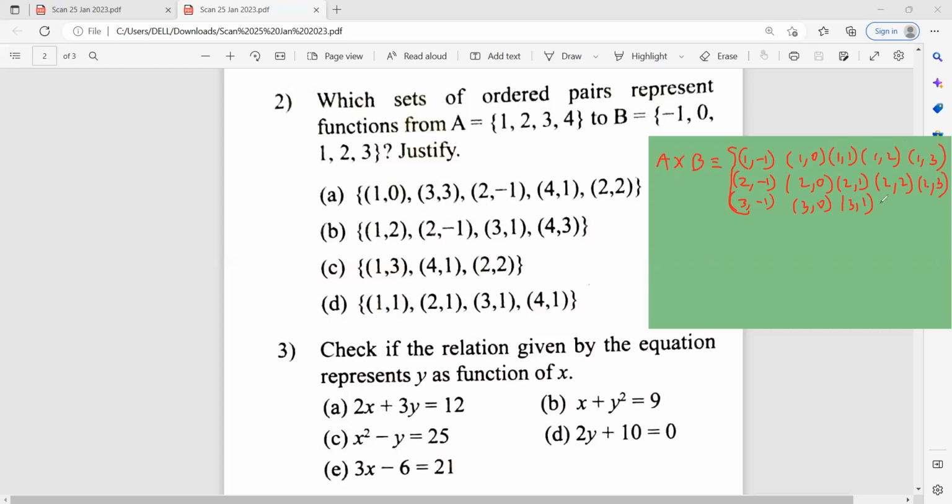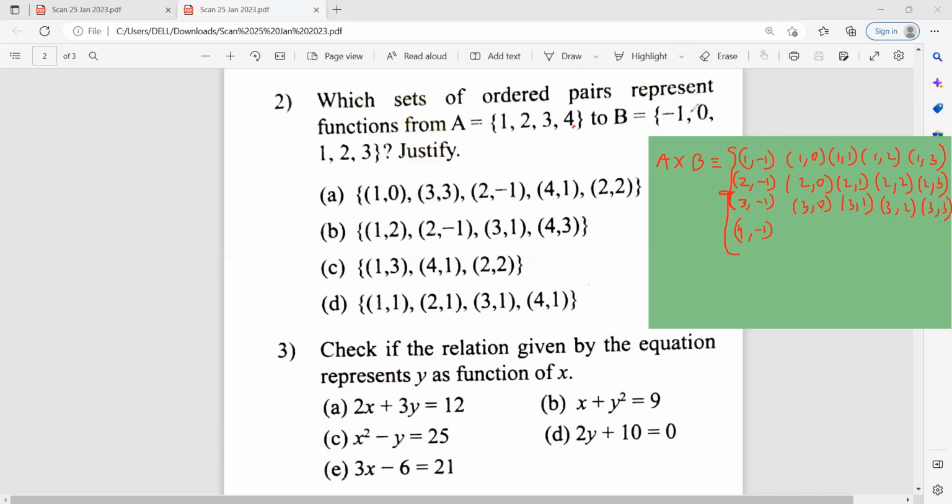This is A cross B, the set of ordered pairs where all the first elements are from A. Then you have 3 2, 3 3, and after that you have 4 minus 1.